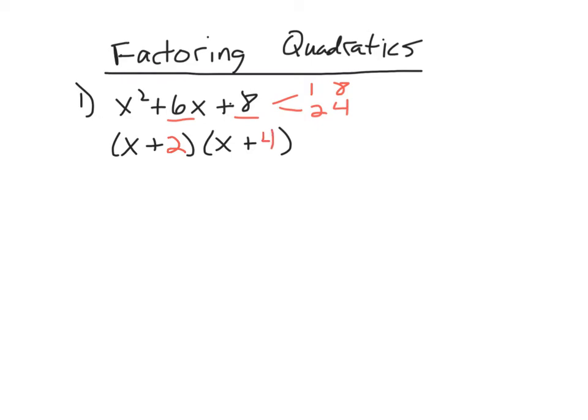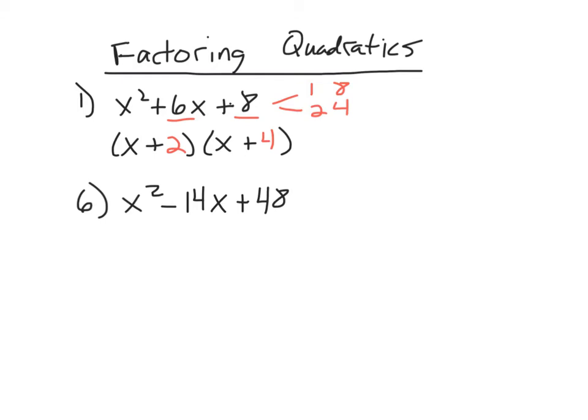All right, let's do another one. This time I'm going to do one with a negative in it because I think that for some students that sometimes can be a little bit challenging. Okay, so let's do problem number 6. Problem number 6 wants us to factor x squared minus 14x plus 48.